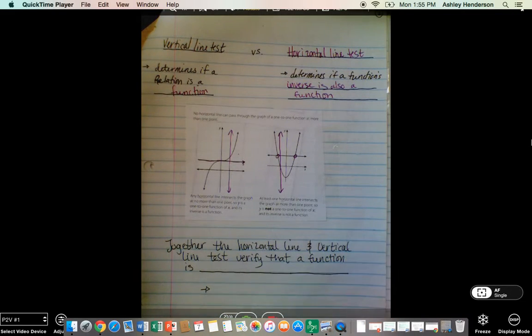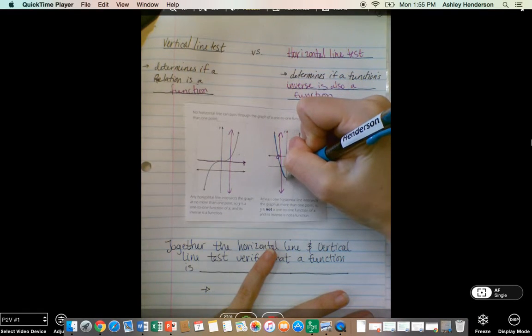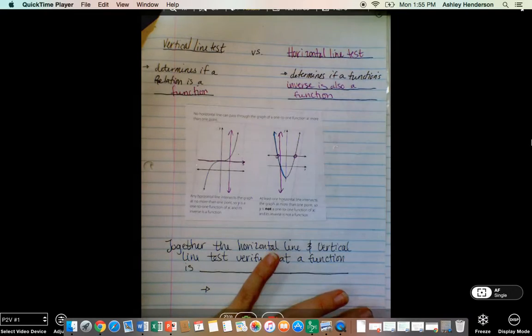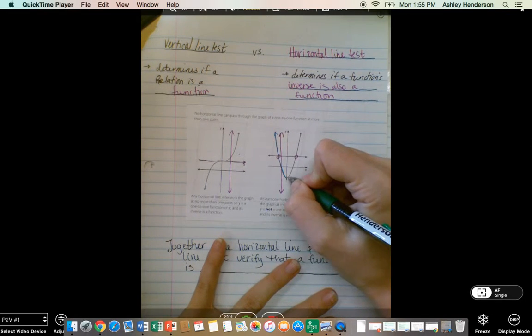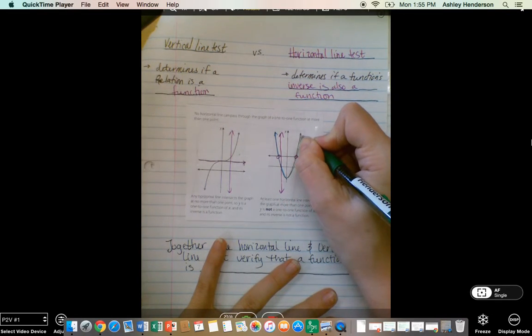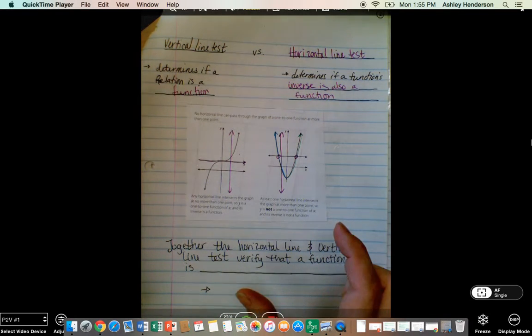The way we always restrict a domain is to only look at a portion in which it's always decreasing, or always increasing. Either of those restrictions would work to make the inverse of a function into an inverse function.